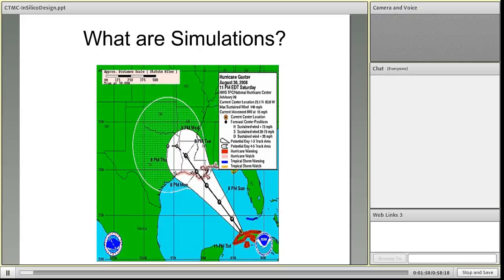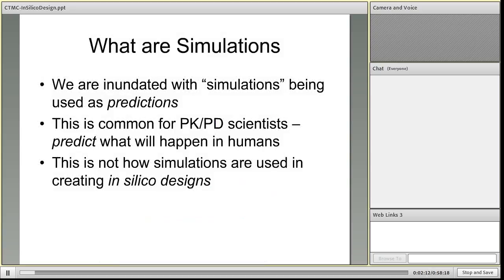You also have situations like predicting the route of hurricanes, predicting weather. Maybe there's more trust in this setting, but again, the role of this is prediction of what's going to happen. I think we're inundated by simulations at this point. Almost all of them are in this role of predicting what's going to happen.